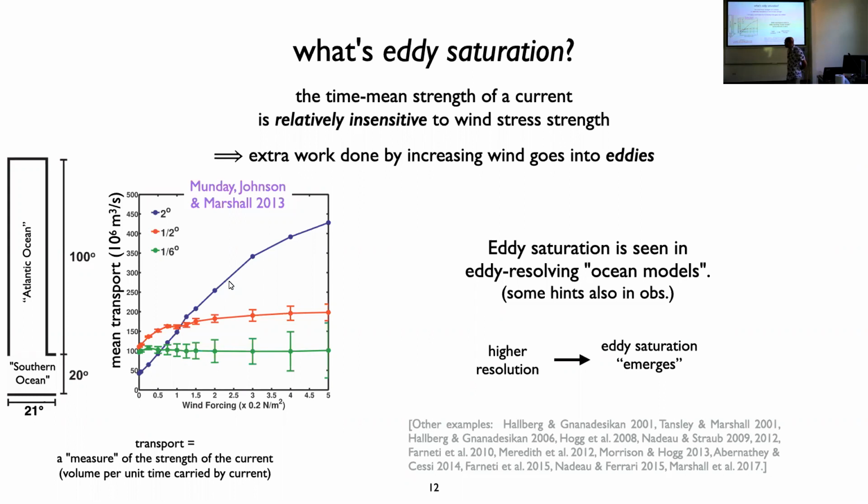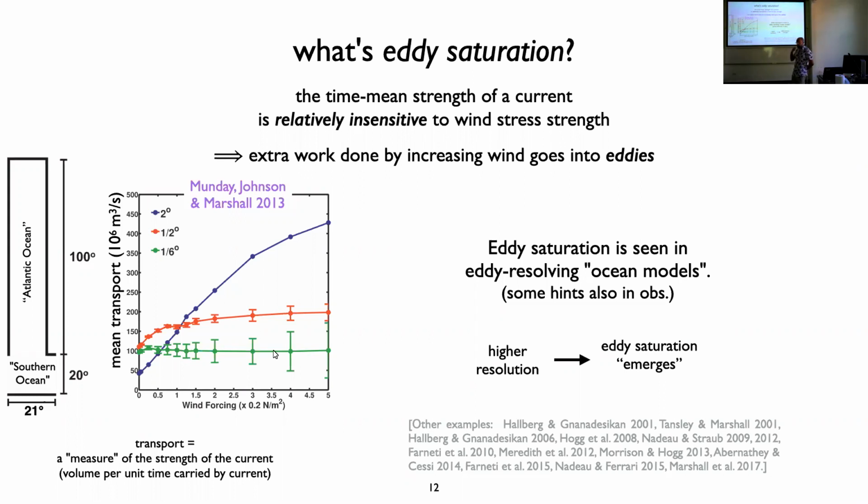So it was intuitive. But when they increased the resolution to a certain point, like 1/2 or 1/6 of a degree, they found this new regime where they were changing the winds and the strength of the current wasn't changing. This is what we refer to as eddy saturation.